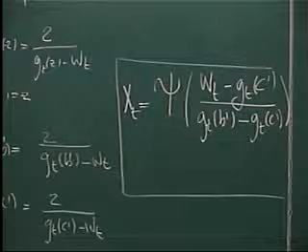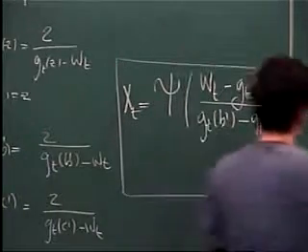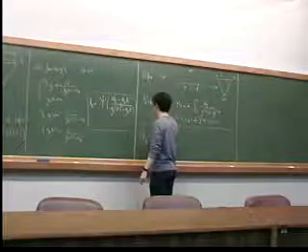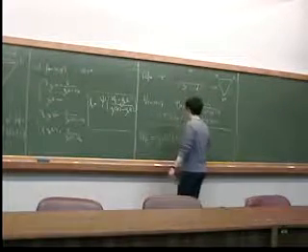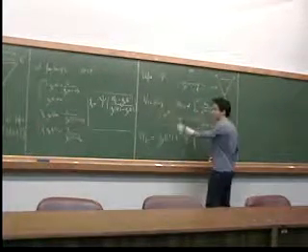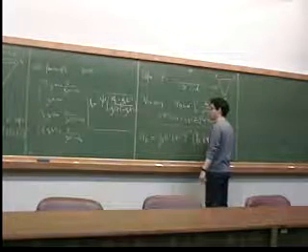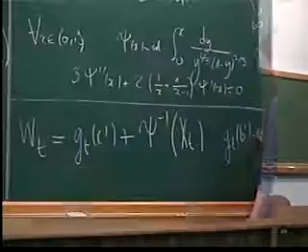A consequence of this is that wt is gt of c prime plus psi minus 1 of xt times gt of v prime minus gt of c prime.